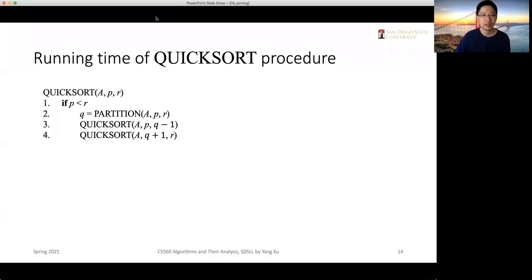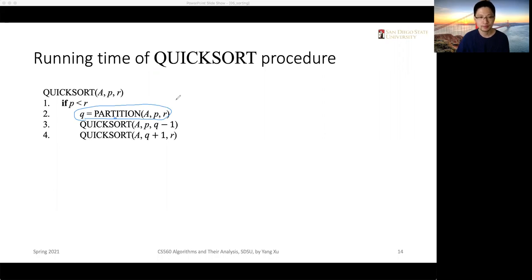Let's look at the pseudocode and review a little bit. In quicksort, the first step, the dividing step, is done by calling the partition procedure.